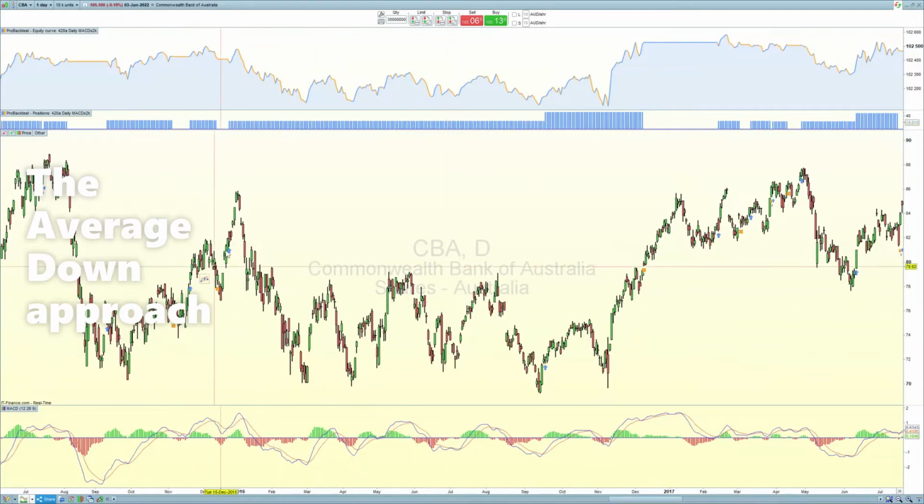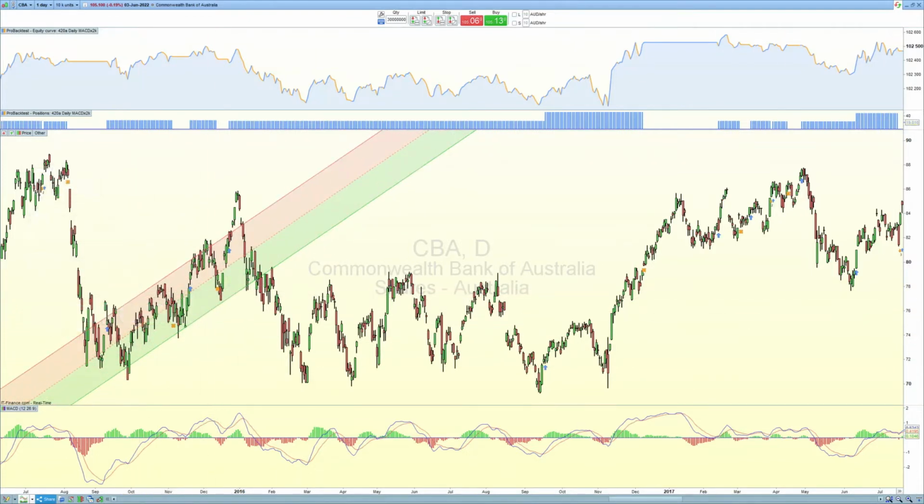You look at the previous highs and lows, draw roughly some lines between that point and that point, and then use a ruler to measure the distance. It's about 5.5% variation. So we're saying we need at least a 5.5% drop before we enter the next lot of shares.